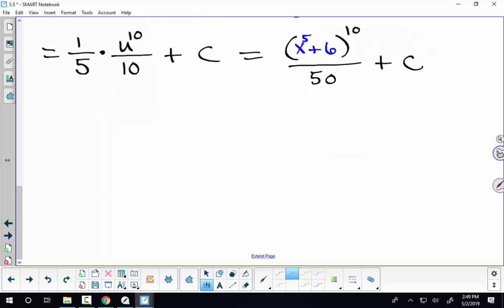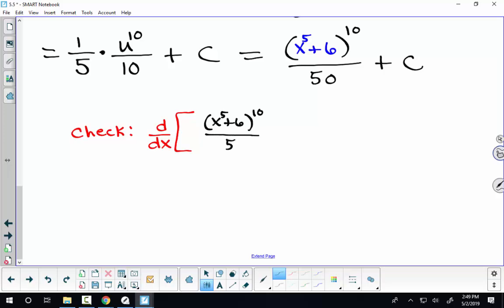So can we check? What's the derivative of (x^5 + 6)^10 / 50 + c? The derivative of our constant is 0.